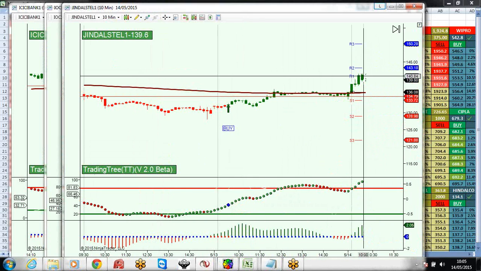Jindal Steel has done its R1. That is the first target.